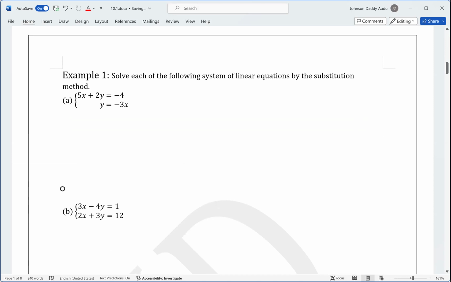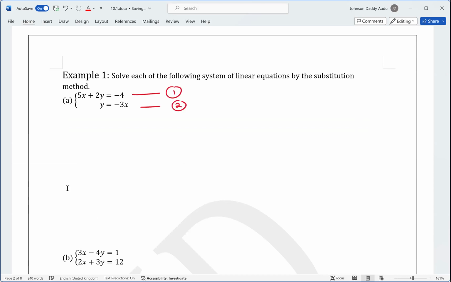Now, if you look at example 1, let's call this one equation 1 and this one equation 2. What does step 1 say? Step 1 says you solve for one variable, right?